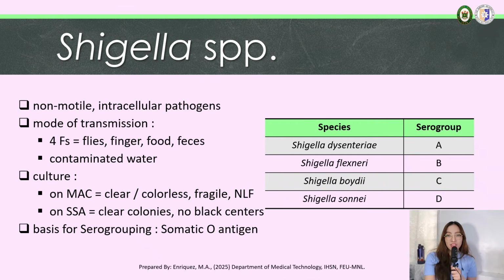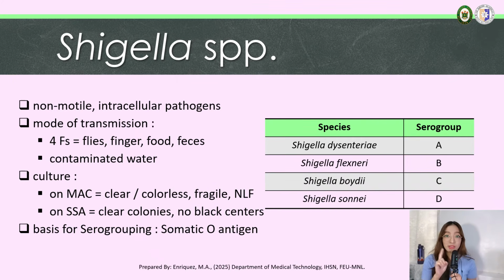Next is the Shigella species, and this genus is actually very closely related to Escherichia. Kaya po, diba, if you would remember from our discussion earlier on the different strains of E. coli, EIEC has been described to produce a Shigella-like infection because it's able to invade intestinal cells.